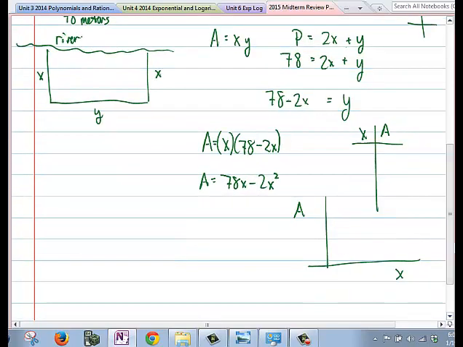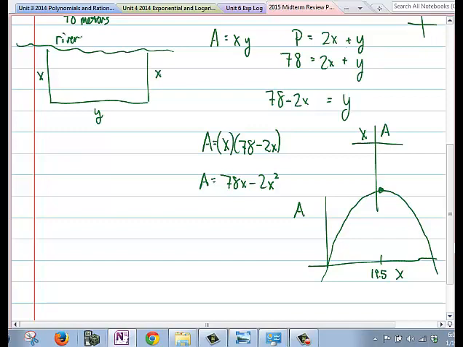You should find that when you graph it on the graphing calculator, you're going to get a maximum value at, I'm just going to calculate here, x should equal 19.5. That is where you're going to get your maximum value.